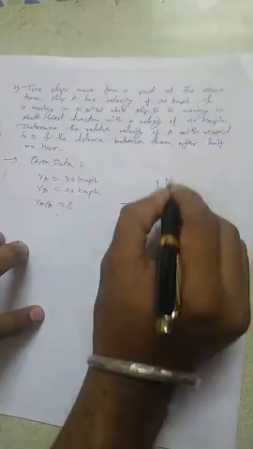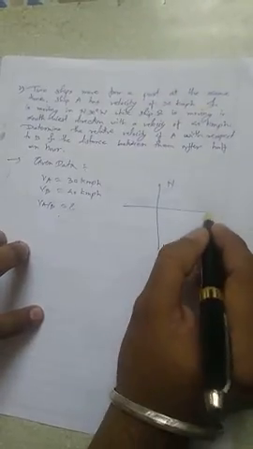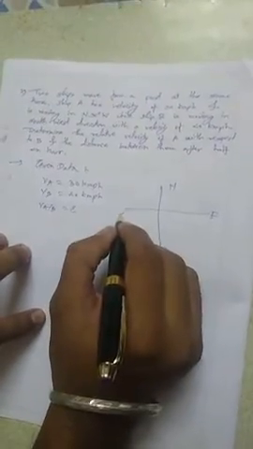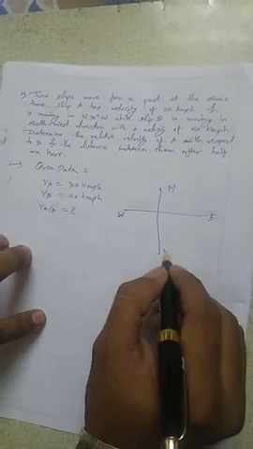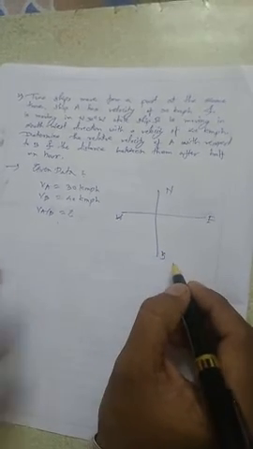First of all, we will draw the figure. So this is the north direction, this is the east direction, this is the west direction, this is the south direction.